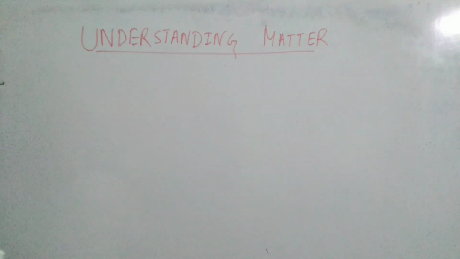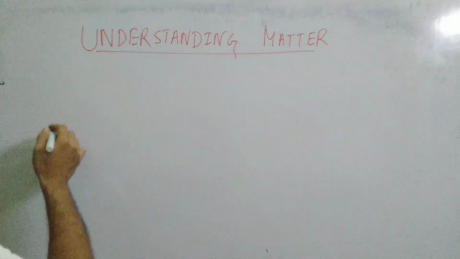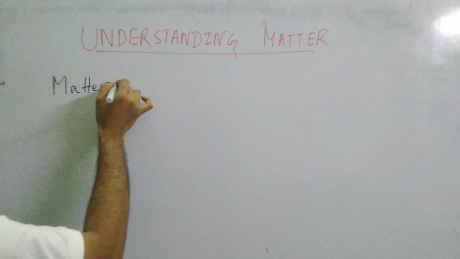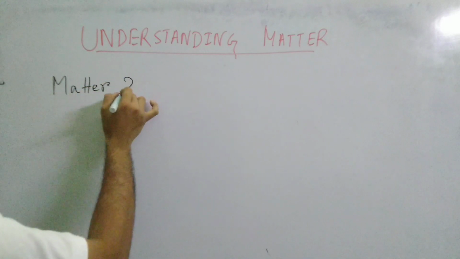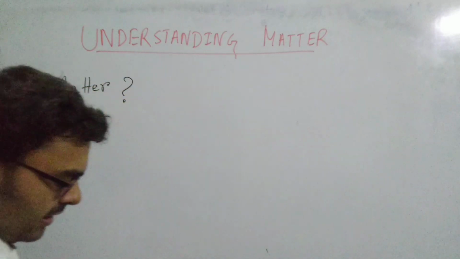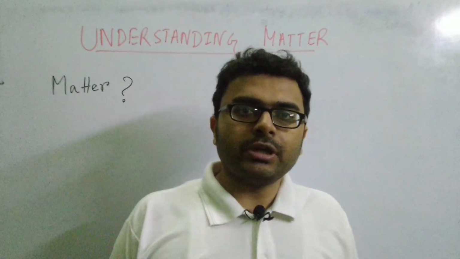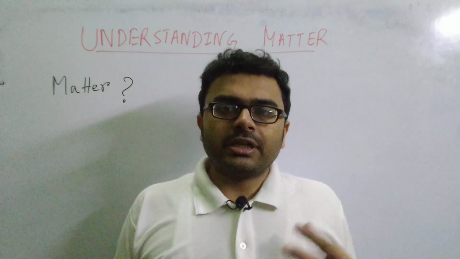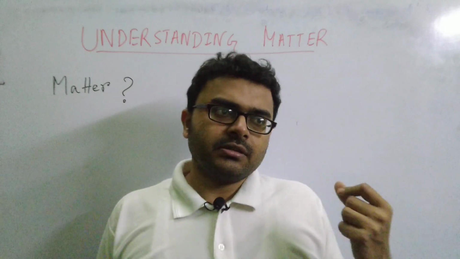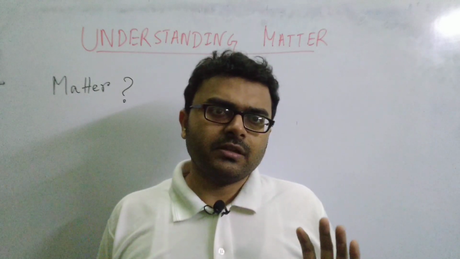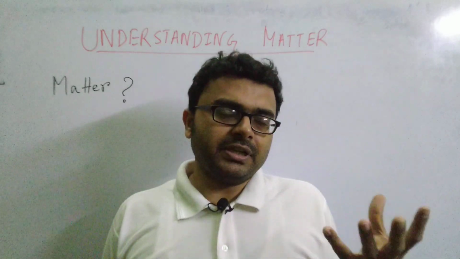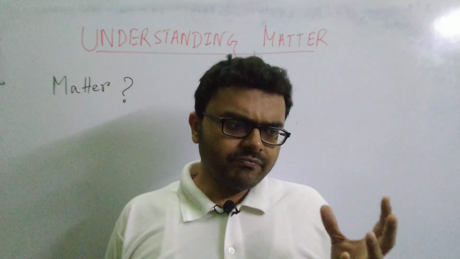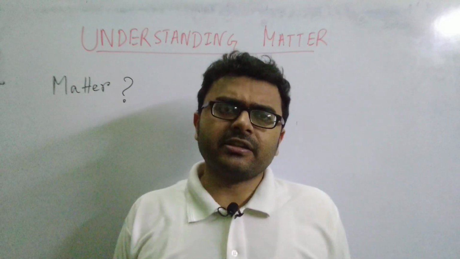What if I ask you the question, what is matter? So what will be the answer of this question? What is matter? Anything around you that you can see, hold in your hands, feel, these things are regarded as matter.